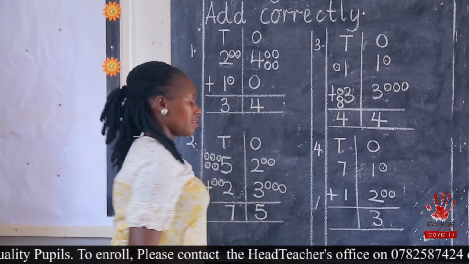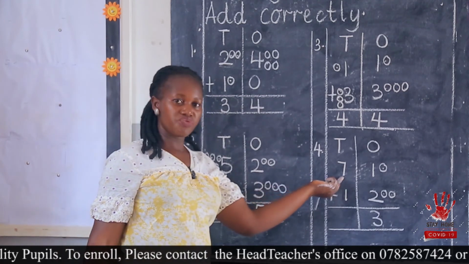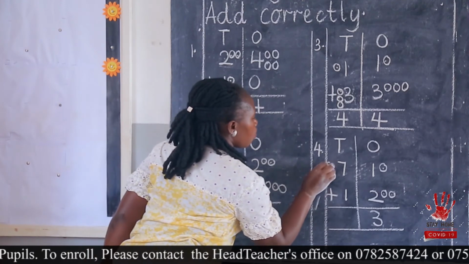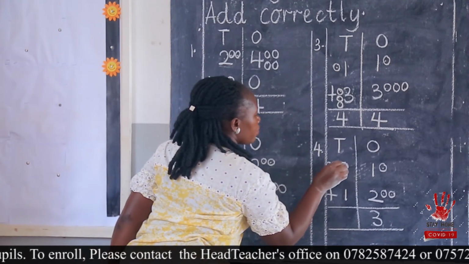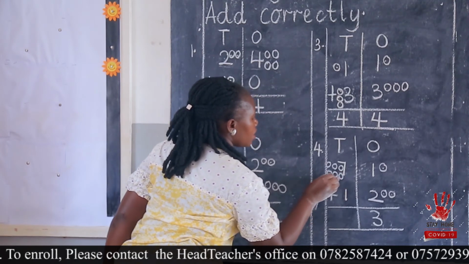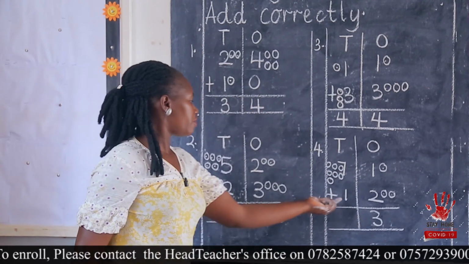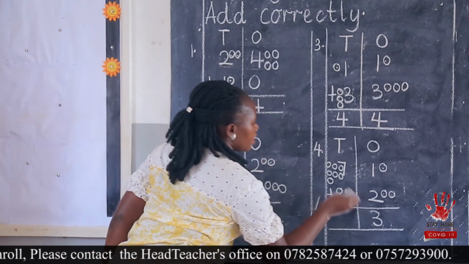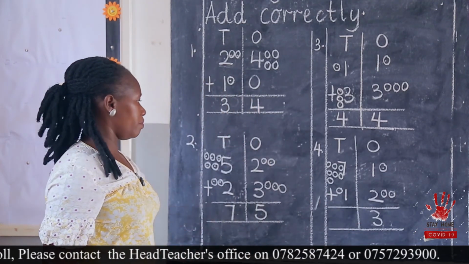Then we go to the tens. How many balls am I going to draw there? 7 balls. Let's count them as I draw them. 1, 2, 3, 4, 5, 6, 7. How many for this number? Only 1. Now we are counting all of them.